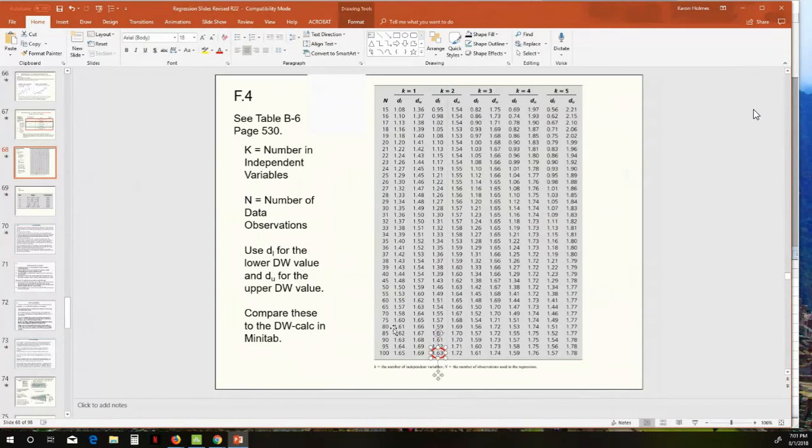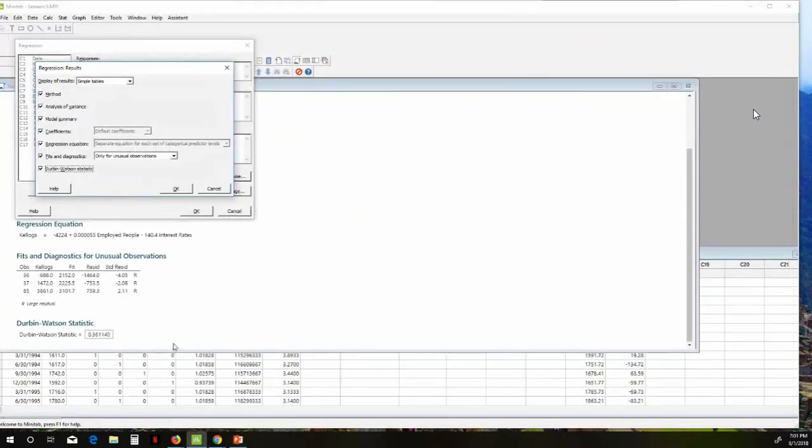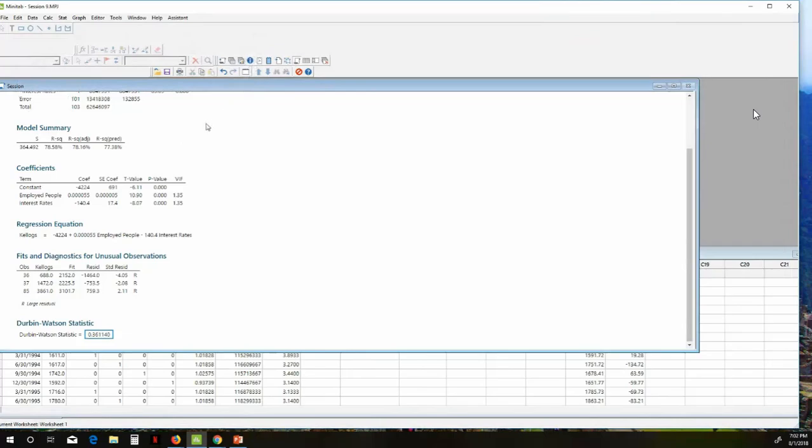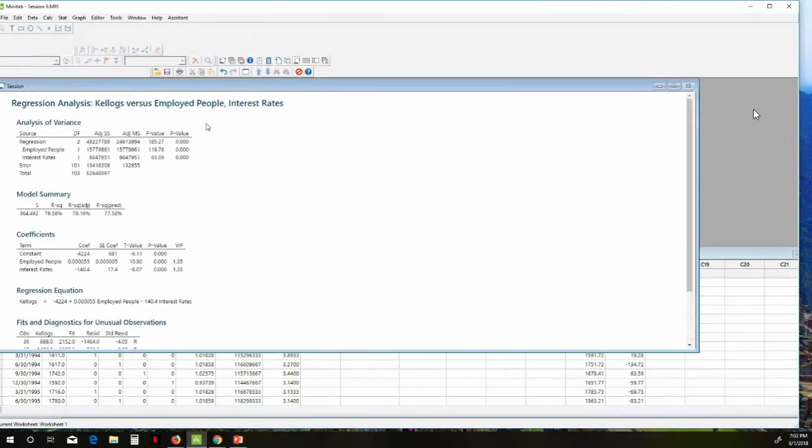Does everybody see that? Let me see how many observations we have. The way you can tell that pretty easily, it's 1 plus whatever the degrees of freedom you have under the analysis of variance table. So we have 104 observations.